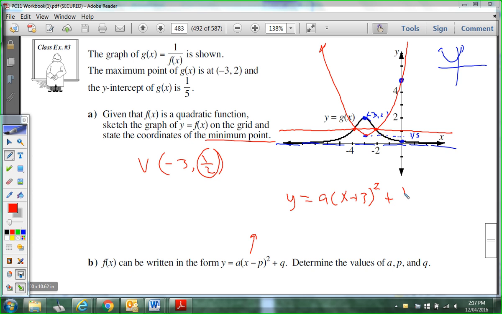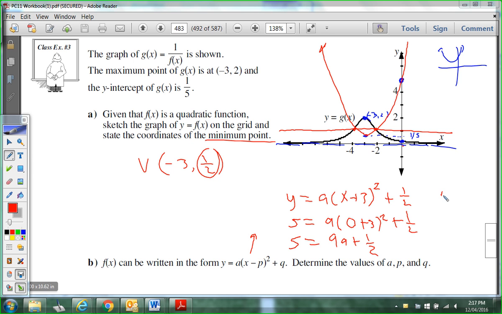1/2. So what we're going to do is steal a point, any point on our parabola, and I'm going to take the easy one. I'm going to take (0, 5) and plug that in for x and y, and I can solve for a. So I'm going to put 5 in for y. We don't know a. We're going to put 0 in for x, (0 + 3) squared, plus 1/2. Then I'm going to keep solving here. 5 equals 9a plus 1/2, minus 1/2.